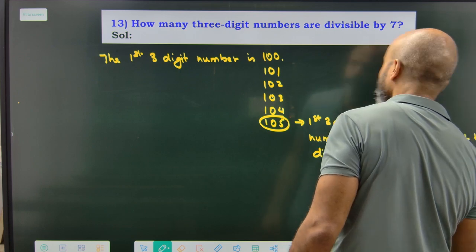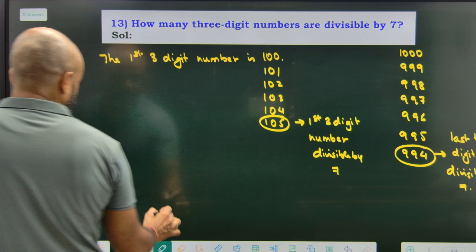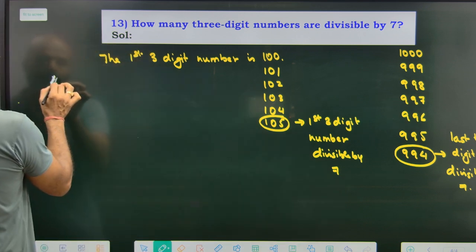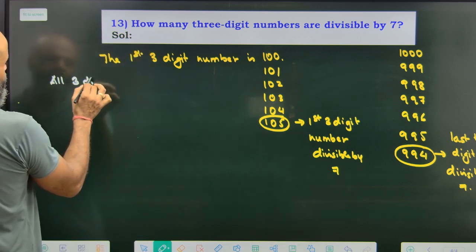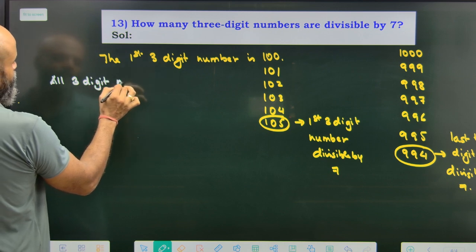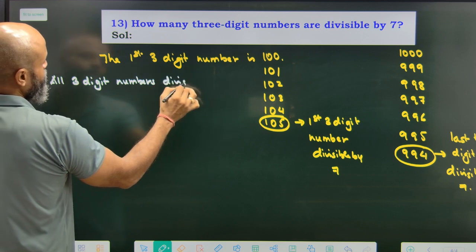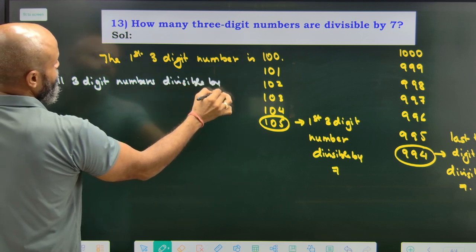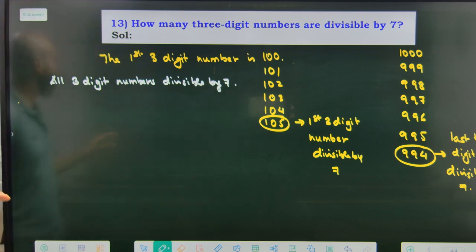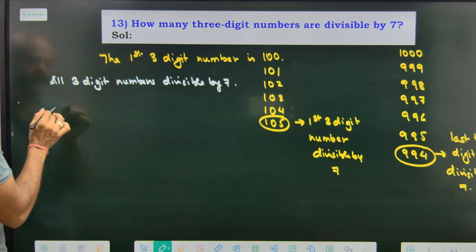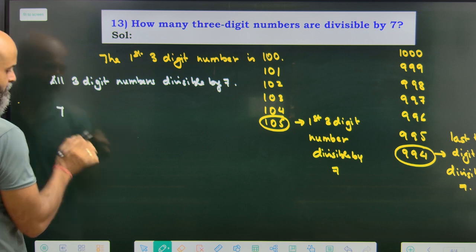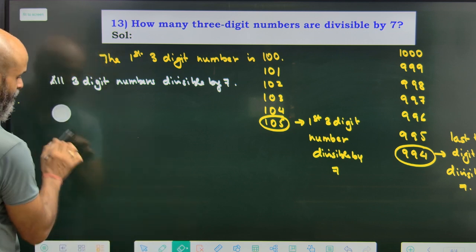So if we happen to make a series of all 3-digit numbers divisible by 7, what will they be? The first number will be 105.